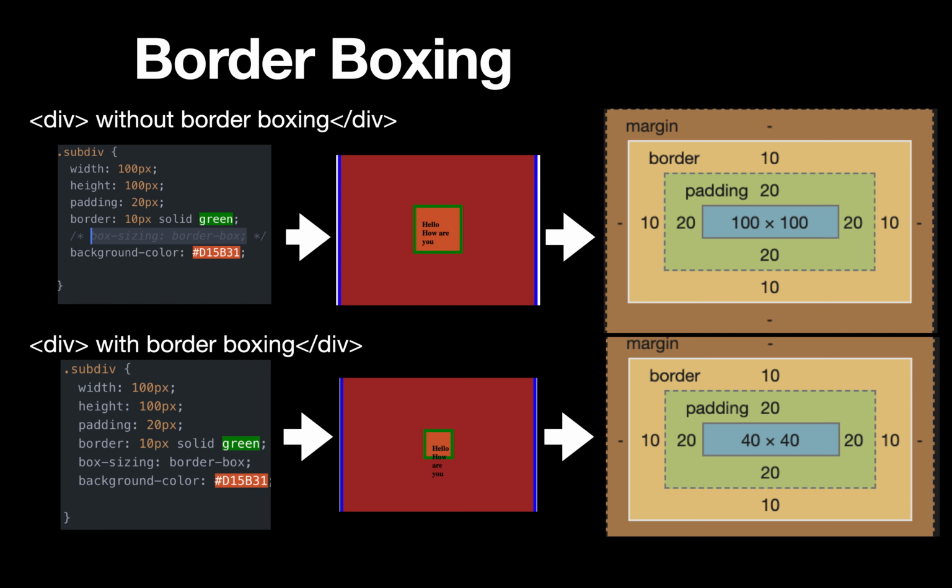If you want to stick to the same height which you have given, you can use border-box, where you can see the actual element is being shrunk to 40, but all the other properties, say border and padding, get applied by shrinking the inner element. Okay, let's move on to the next slide.